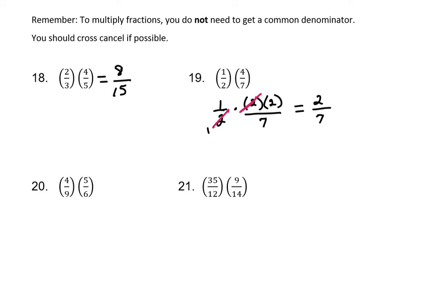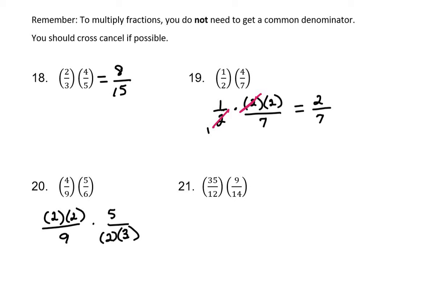Okay, problem 20. I noticed that I have a 4 and a 6 that both have a common factor of 2. So I'm going to write 4 as 2 times 2, and I'm going to write 6 as 2 times 3.